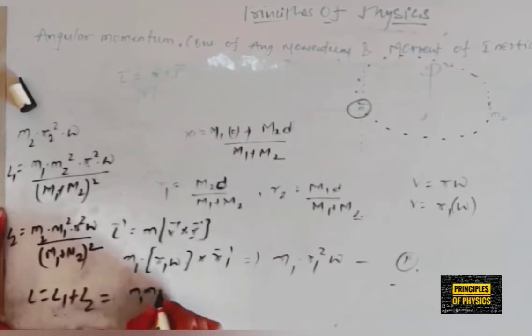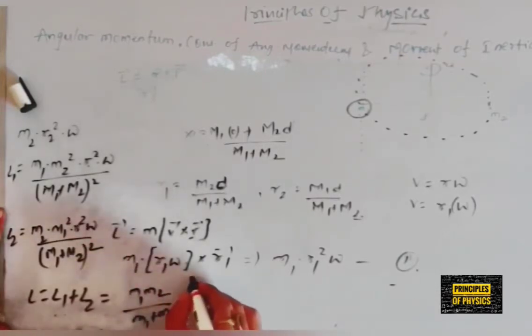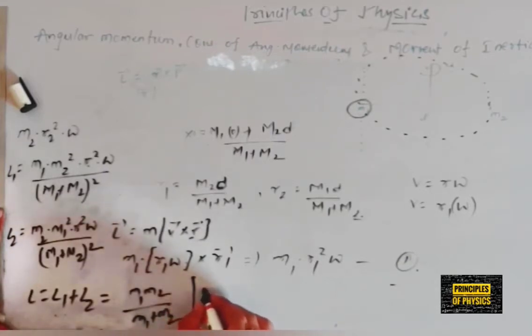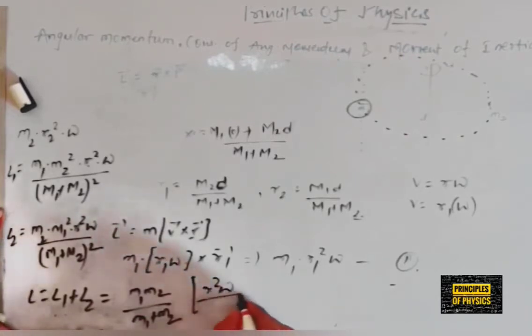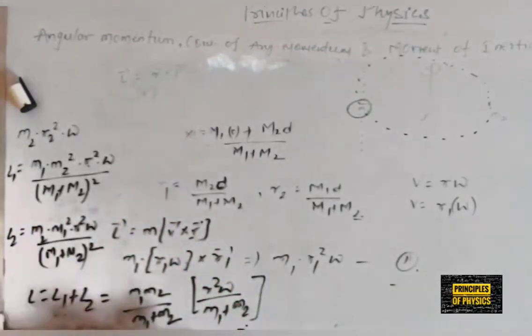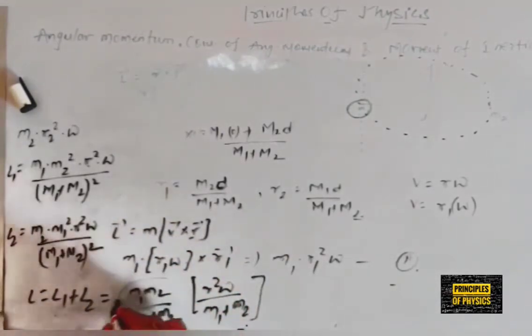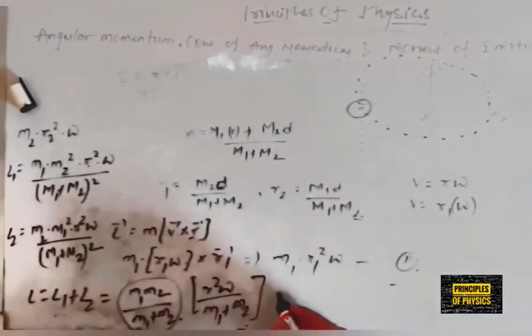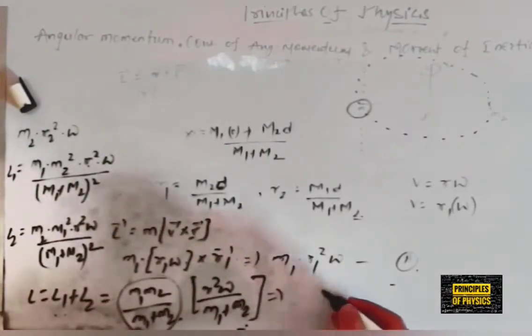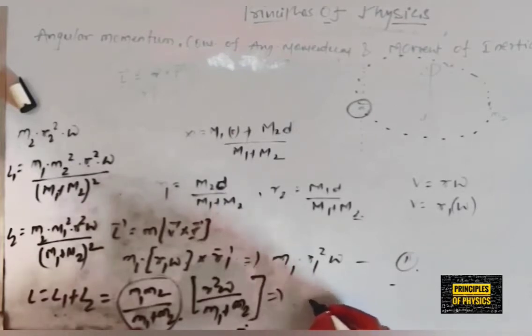That is m1 m2 upon m1 plus m2 into r square omega. Now we can say that m1 m2 divided by m1 plus m2 is the reduced mass, and it is denoted by mu.